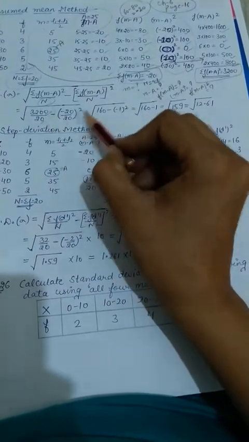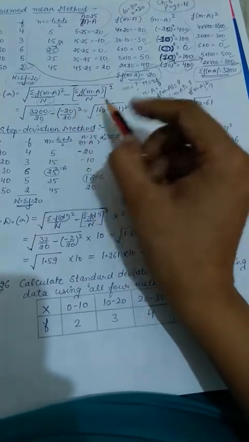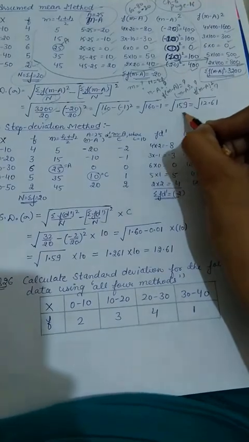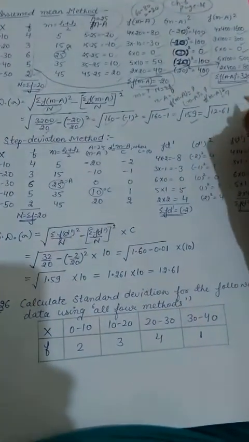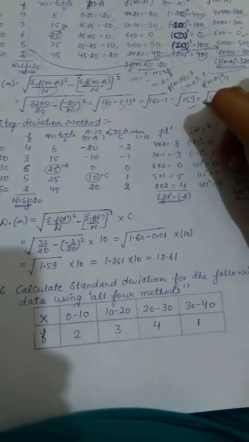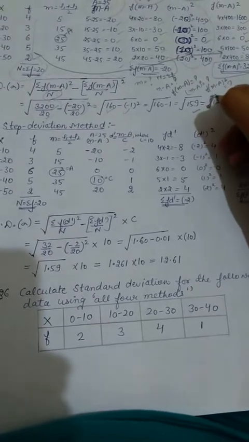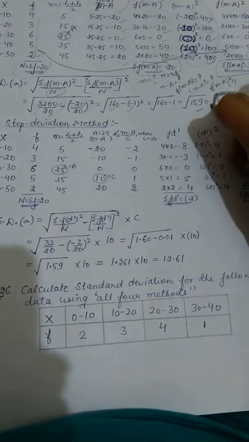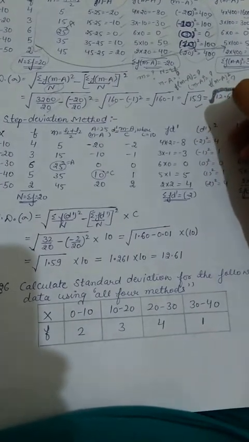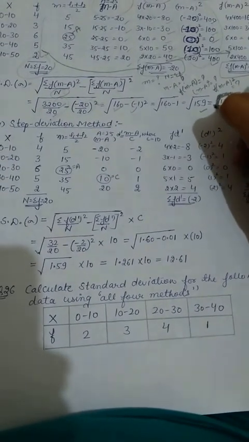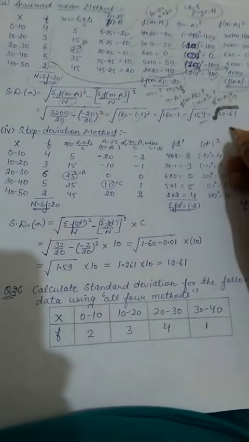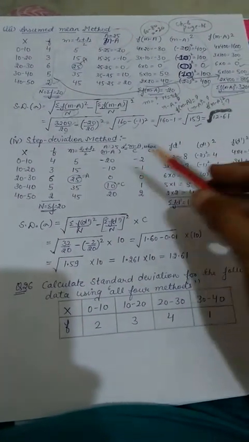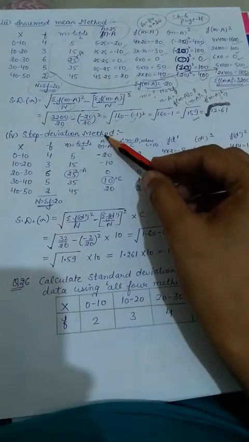This will give you 160, minus 1 square, so 160 minus 1 will give you 159, and finally you will get 12.61. What will you get as the final answer? 12.61.